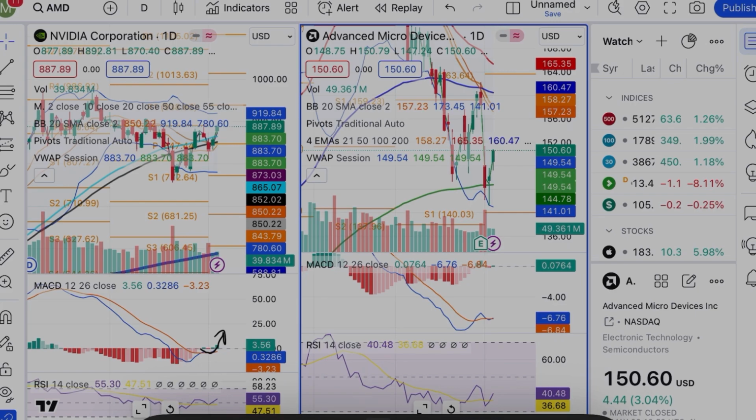The RSI, I like to look at this middle line right here as support and resistance. I haven't read that or learned that anywhere, but based on me looking at charts so much, I think the middle line right here is a nice support and resistance line. Y'all check me on that, man.